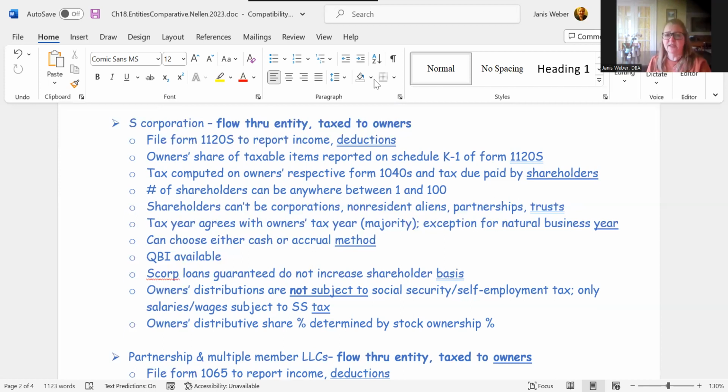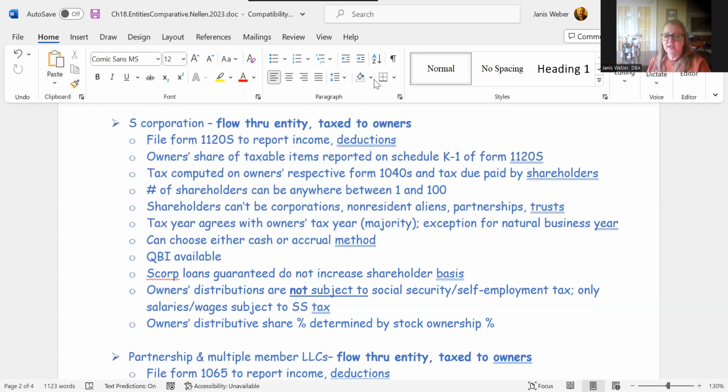All the different separately stated items that would show up on a Schedule K for the subchapter S corporation would then be split out to each owner depending on their share of the stock. And that split out comes out on the Form K-1. So if you took all the K-1s and combined them, it would bring you back to the exact same numbers that are on the Schedule K for the Form 1120-S.